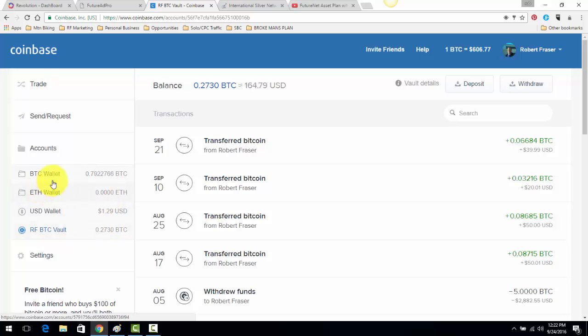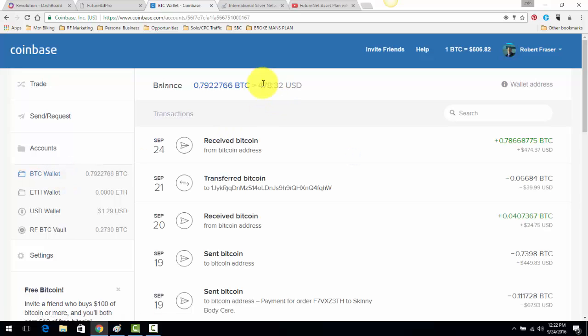The second thing I'm going to do with the money, you see I have 478. I'm going to transfer a tiny little bit to my Bitcoin vault, and then transfer this money to my US dollar wallet and withdraw it to my bank. When I get it in the bank account, that immediately goes right back into paid traffic.